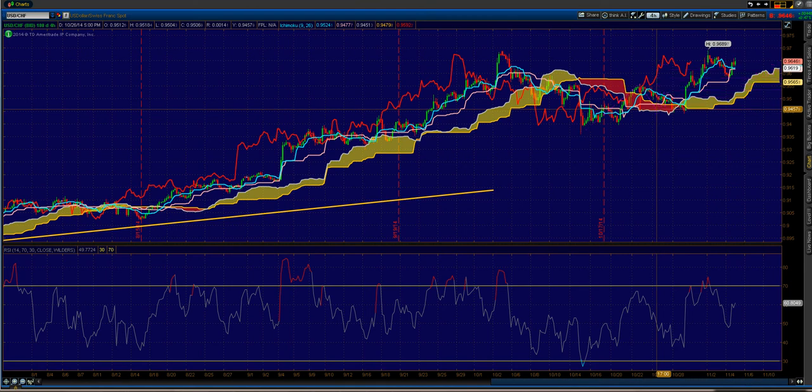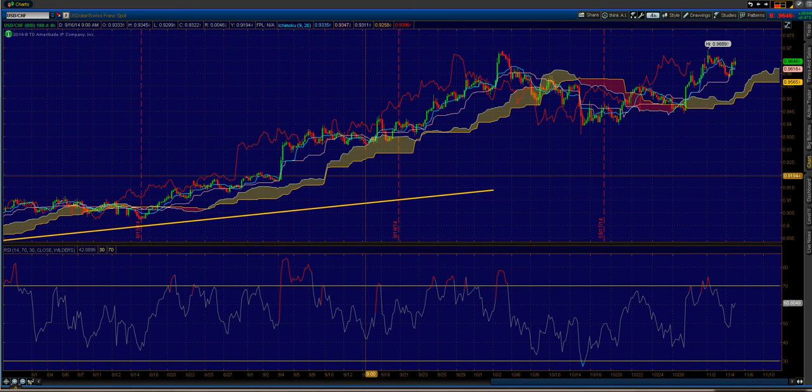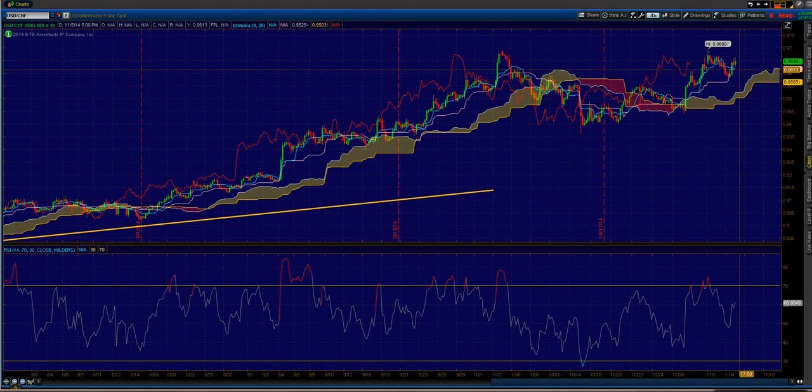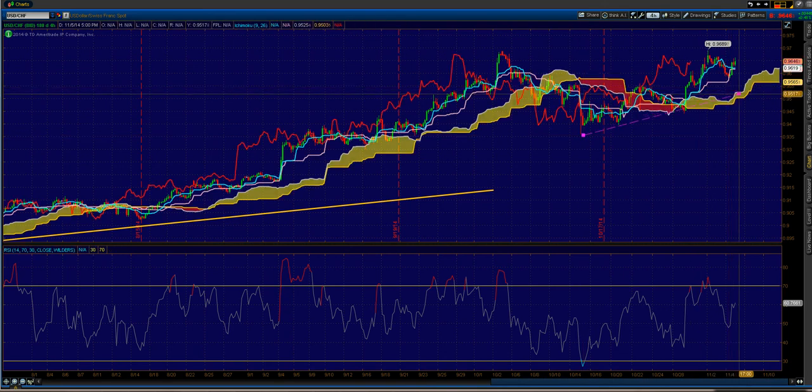So almost an A equals C. Wait for it to get below the Kijun, because then the Tenkan should be curving over, showing a negative slope, and once it does have that crossover, then the only next barrier will be the cloud, which is not too far away.